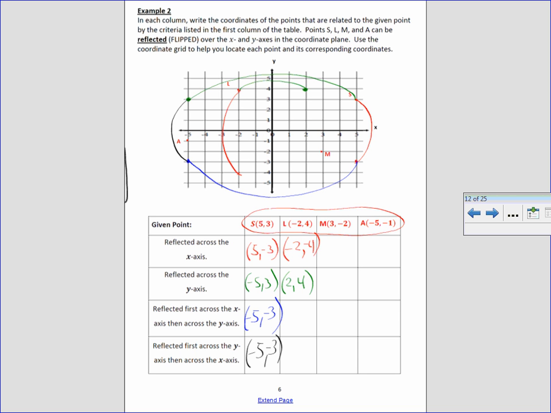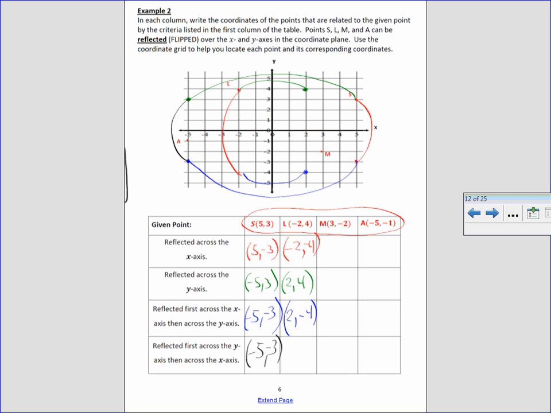Okay, across the x, then the y. Well, I already did x. Now across the y. And quadrant. What quadrant is this? What are the coordinates? And assuming that's right, what should be automatic for the last one?